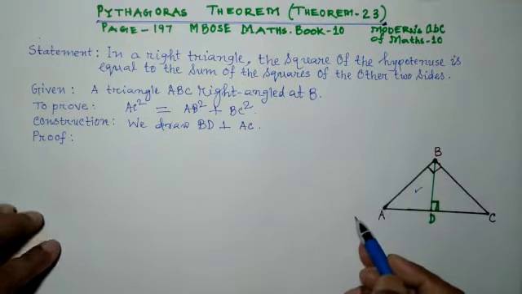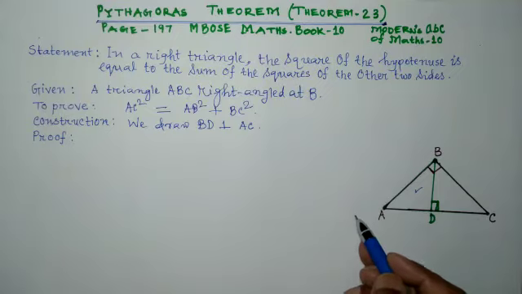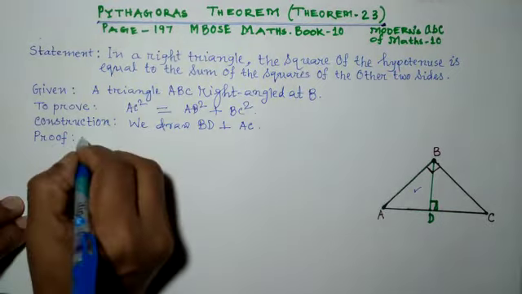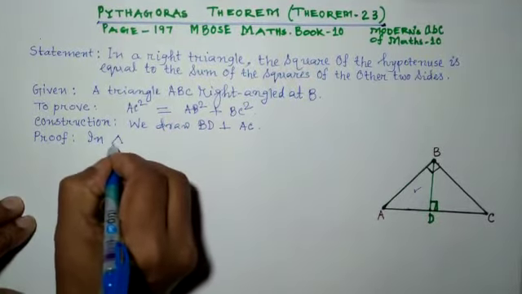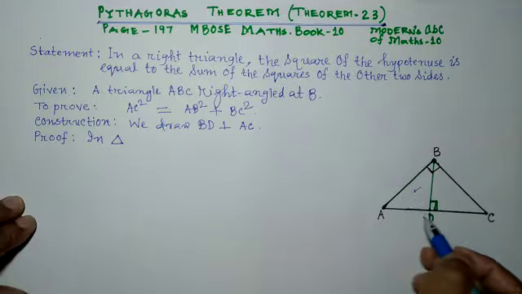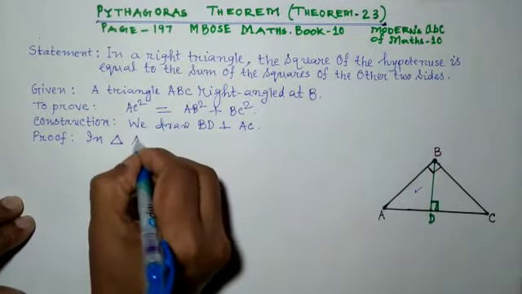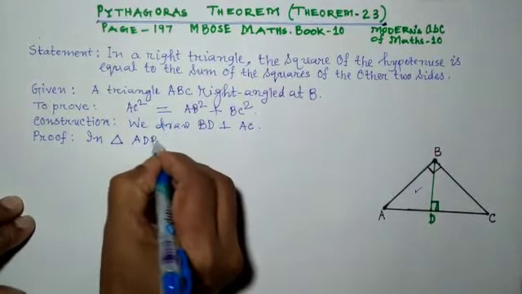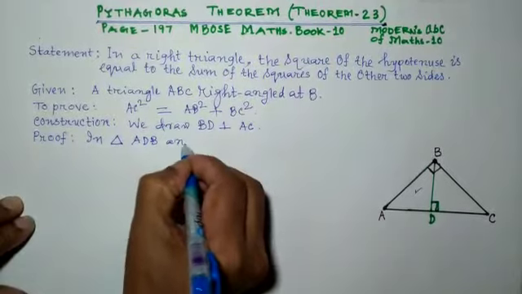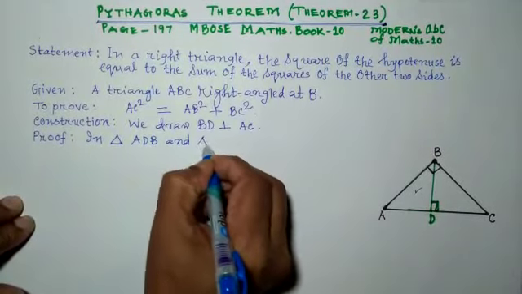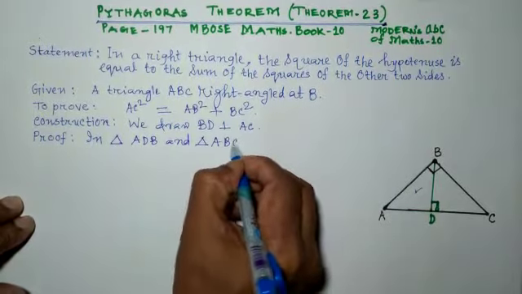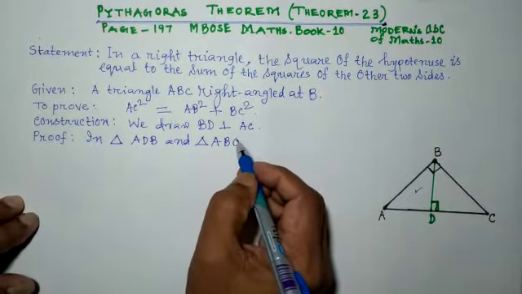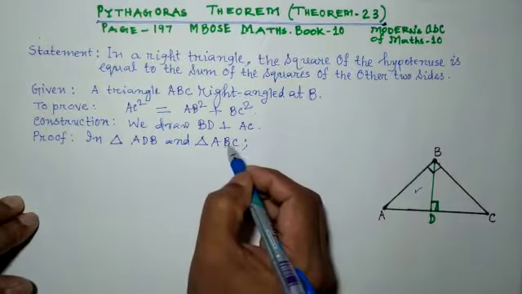Between these two triangles we find which angles are equal. So we write proof in triangle ADB and the original triangle ABC. Between these two triangles, see which angles are equal.